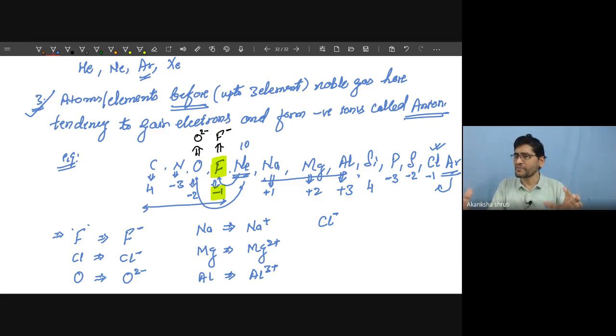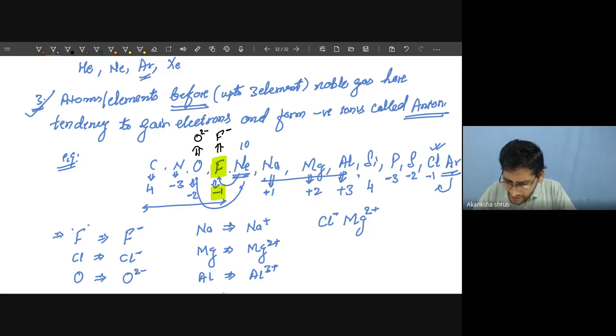For formation of a molecule, chlorine will act as Cl minus. Now the other positive ion, the element near to this chlorine, is our Mg. So Mg has 2 plus, means 2 unit positive charge.